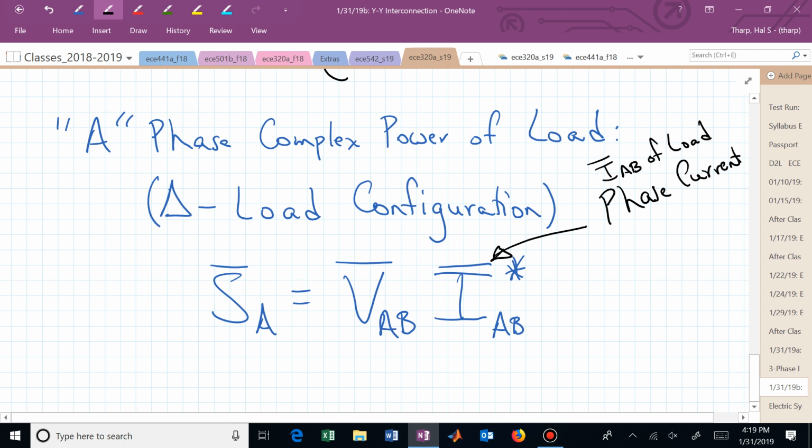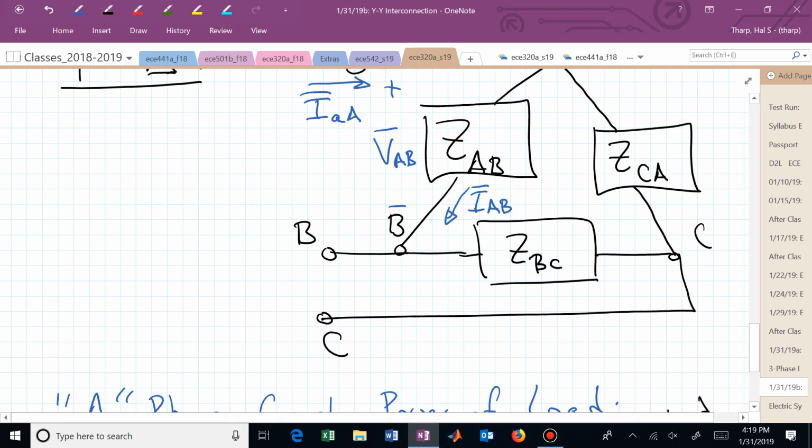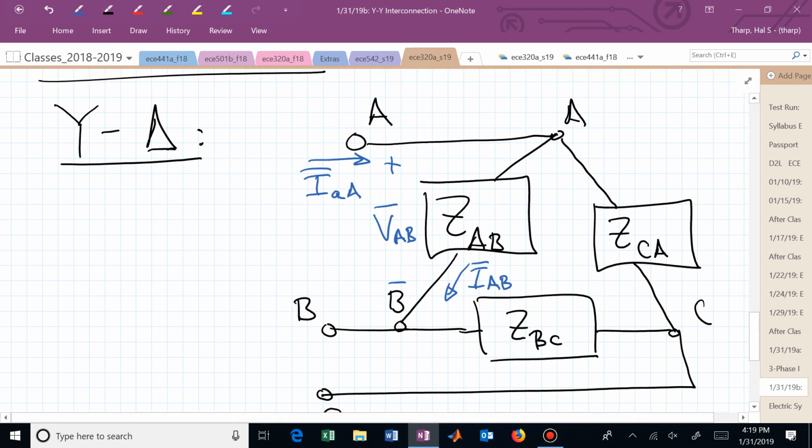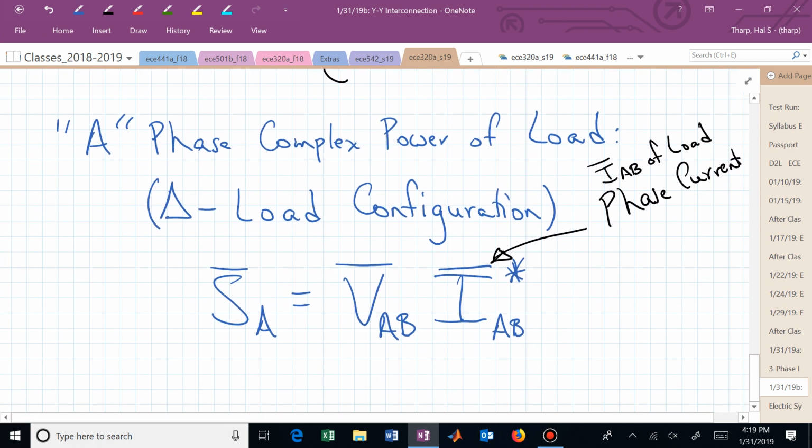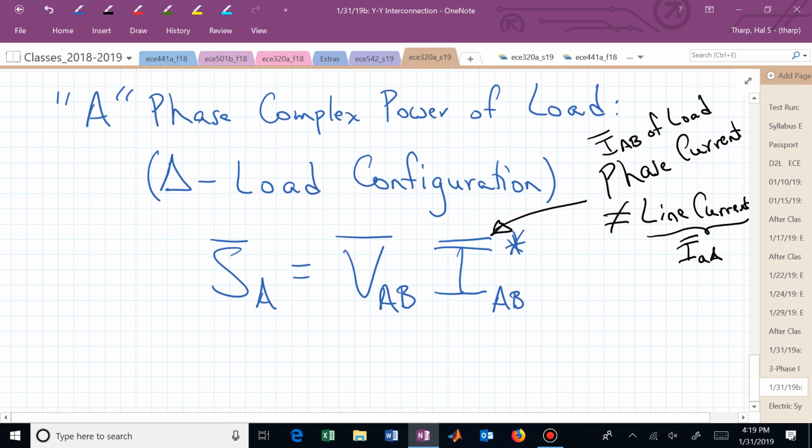Is that equal to the line current? What's the line current in this diagram? It's little a, capital A. That's the line current, and that's not the same as I sub capital A, capital B. The phase current here in this delta load configuration is not equal to the line current, which is I sub A, A. And what is this?